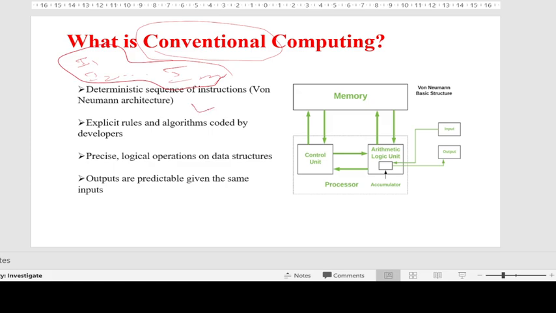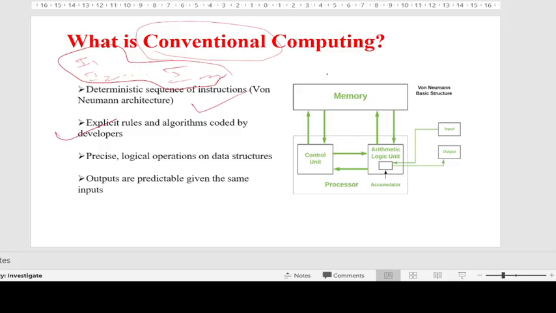We are already seeing it every day. We write a program for performing a certain task, any task, with the help of some lines of code. That is conventional computing. It has explicit rules and algorithms.